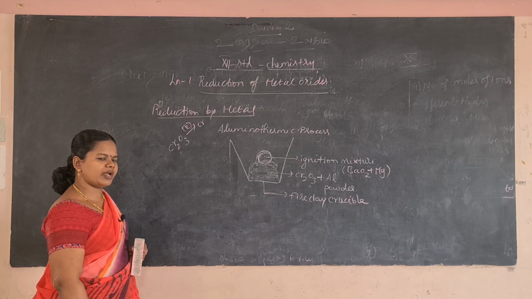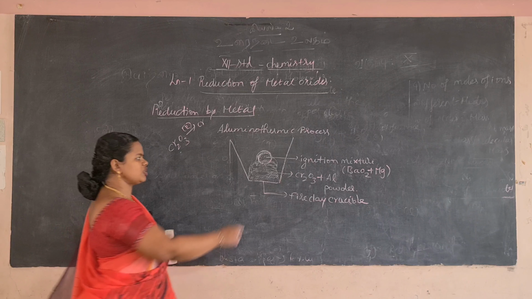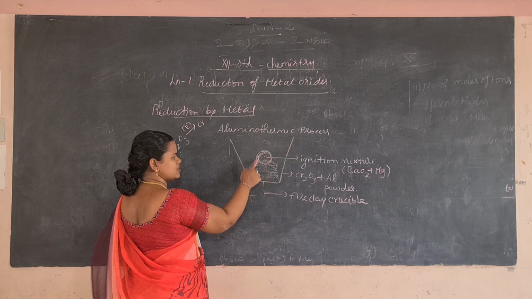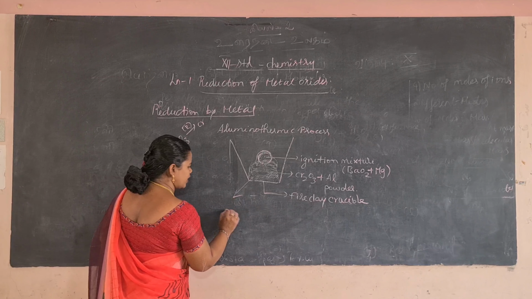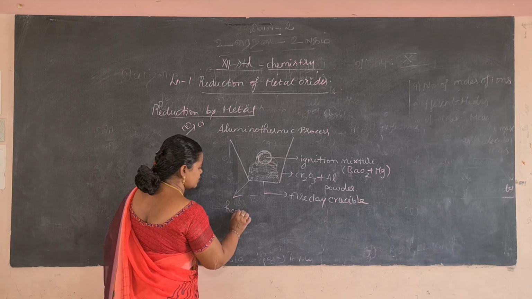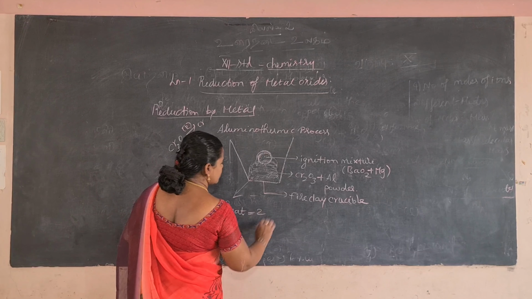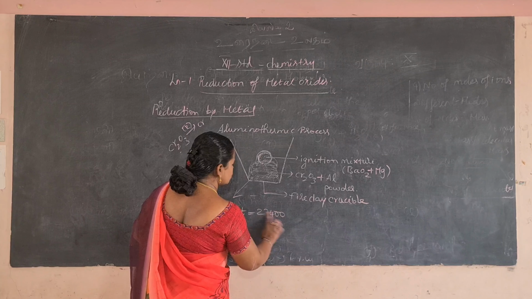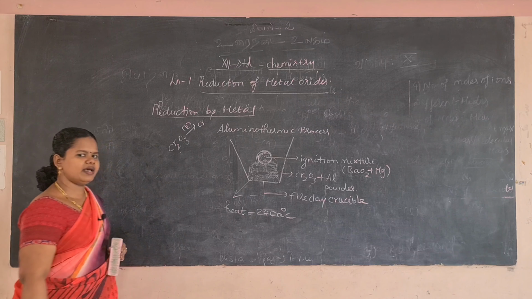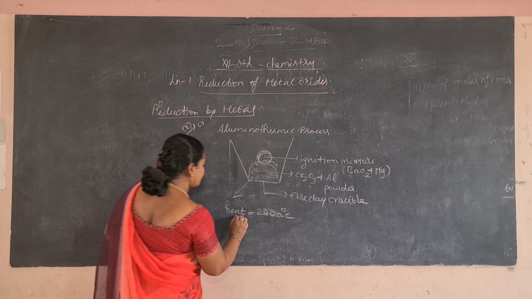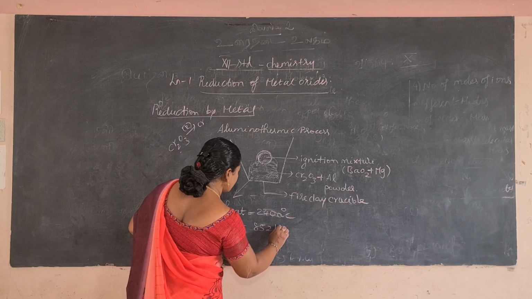At that time what happened? A large amount of energy will be liberated. When I place this mixture, it ignites this compound and a large amount of energy, for example heat, is liberated. 2400 degrees C temperature is liberated, and the reaction enthalpy is 852 kilojoule per mole.